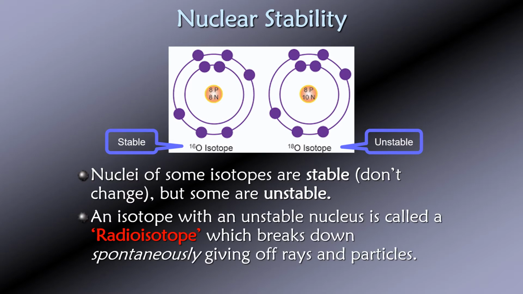Now, those unstable isotopes are called radioisotopes because they can break down spontaneously. They can give off rays and particles and then convert into another type of element or isotope. Okay, and why are they doing that? Because they want to become stable.